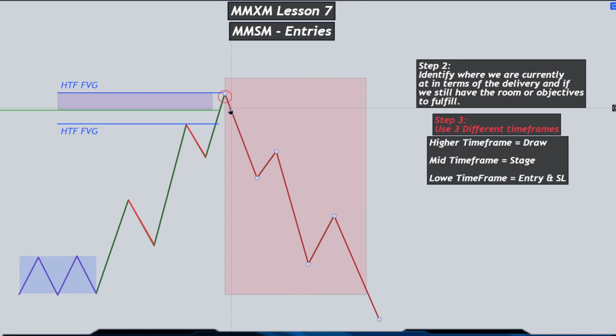So the second entry can happen when the change in state of delivery or a smart money reversal is confirmed from there. This is also a risky approach to the market, but since you are waiting for that smart money reversal and the confirmation of the change in state of delivery, this entry compared to the turtle soup entry is less risky.